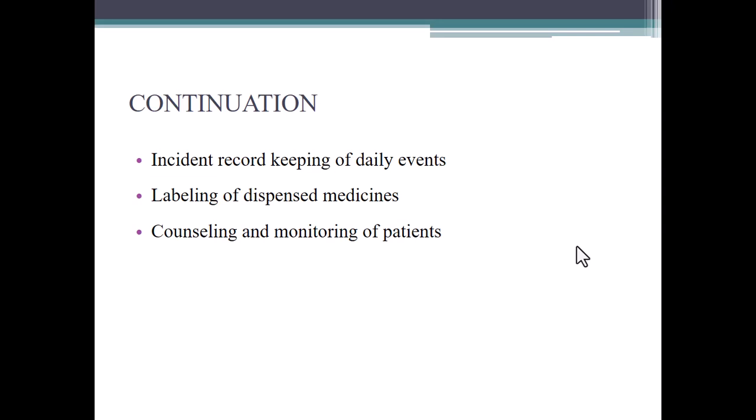So labeling of dispensed medicines, you need to label the medications before you dispense, because you have to give this patient drug information and make sure that the patient has understood. There is need for you to counsel and monitor your patient. Counseling and monitoring of a patient is very vital because you'll be in position to make sure that a patient is comfortable with whatever medication you're giving them and the route of administration.